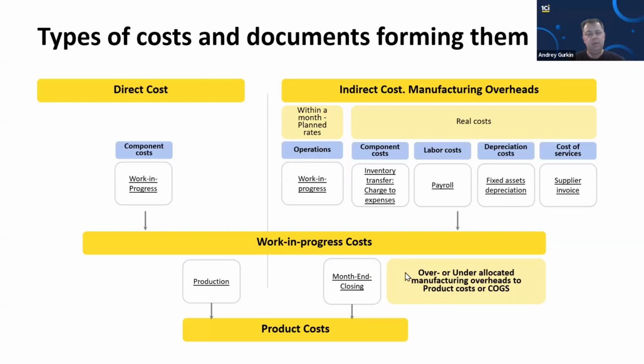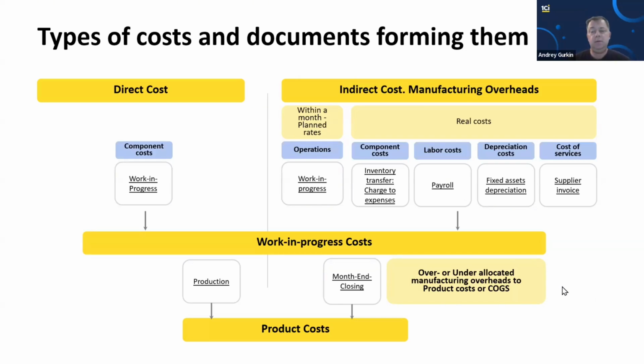Subsequently, we have two different situations. The first one, it might be over allocated or under allocated manufacturing overheads. For example, during the month, the planned amount of overheads is 100, but you are registering with the help of those 4 documents overheads for, I don't know, 200.